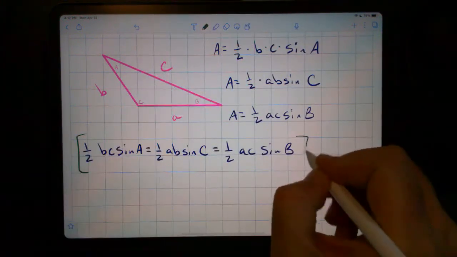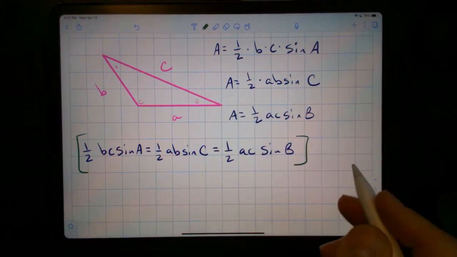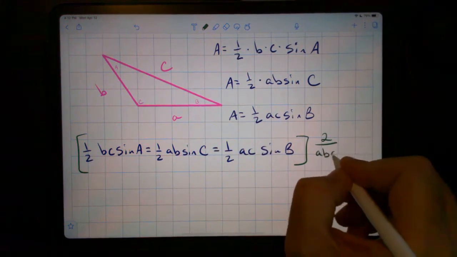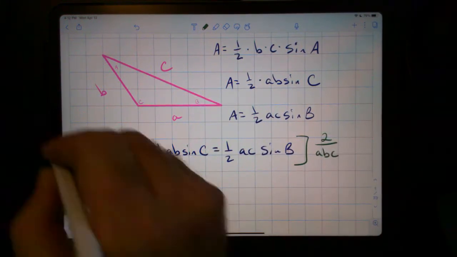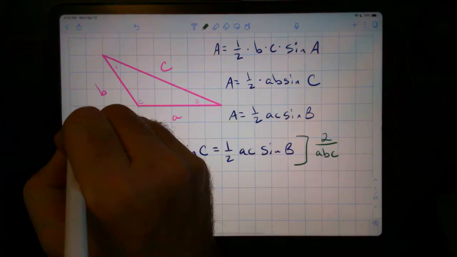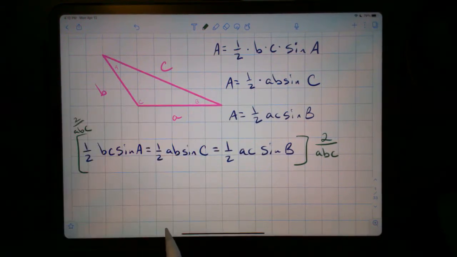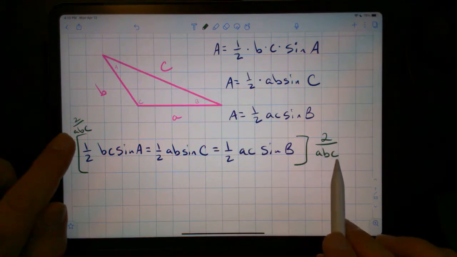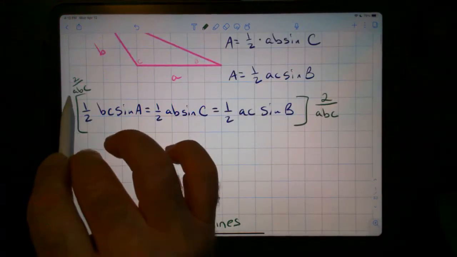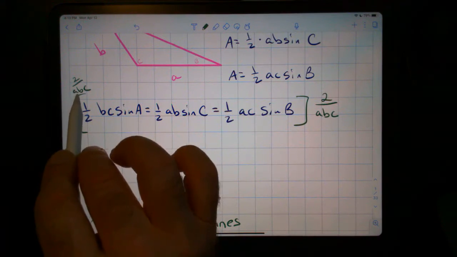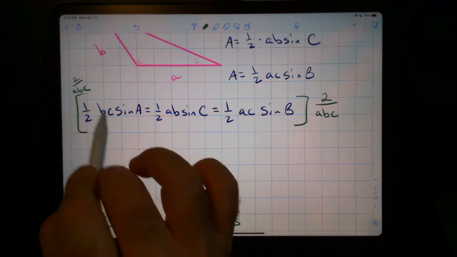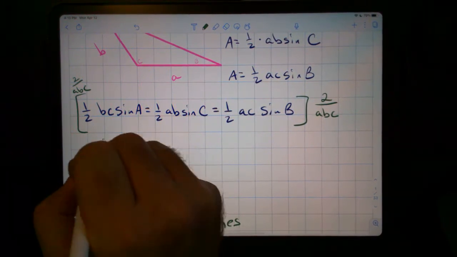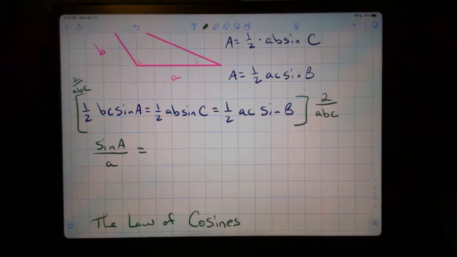We can multiply everything by 2 divided by abc on both sides. So when you multiply on all sides by 2 over abc, here the bc's cancel, but we have sine A over little a.